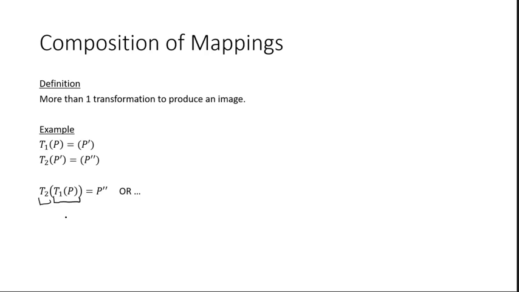And then another way of writing this in math notation would be seen right here. This would be in mapping notation. The first one would be function notation. With mapping notation, instead of the double parentheses, we could use this little symbol right here. It's a raised circle, like a tiny dot, but it's an open circle.